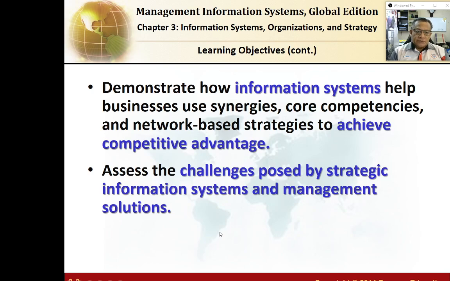Also, I need to help you demonstrate how information systems help businesses use synergy, core competencies, and network-based strategies to achieve a good competitive advantage. Last but not least, I'm supposed to help you assess the challenges posed by strategic information systems and their management solutions.